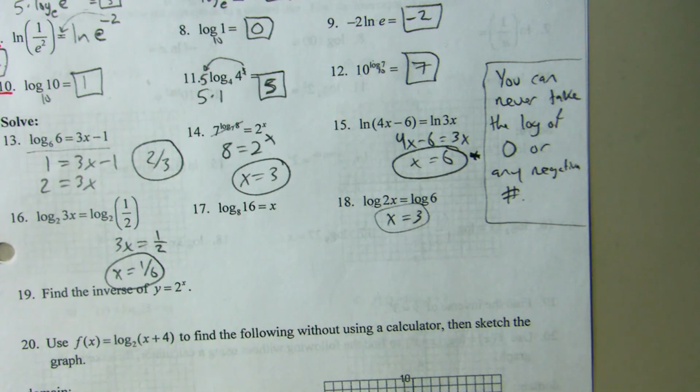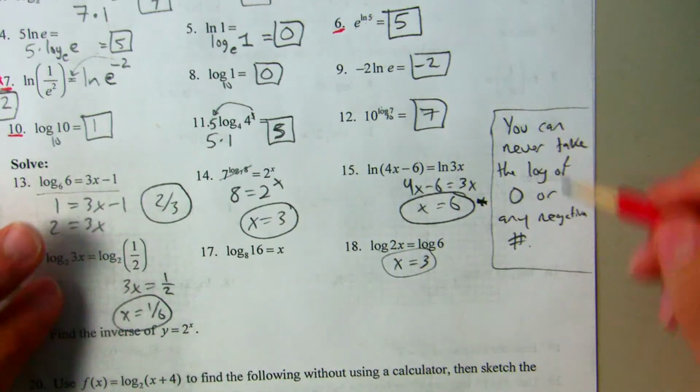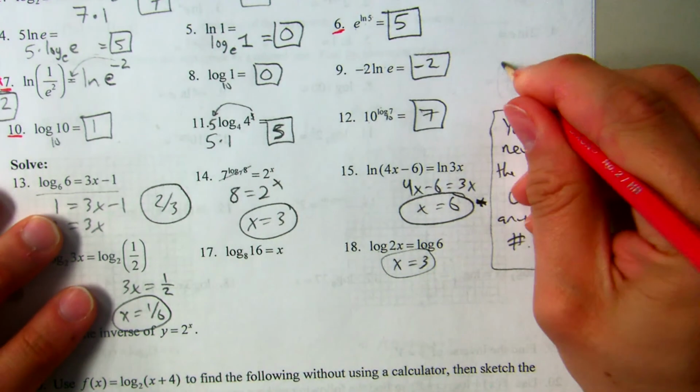It's not possible to take the log of 0, and it's not possible to take the log of a negative.